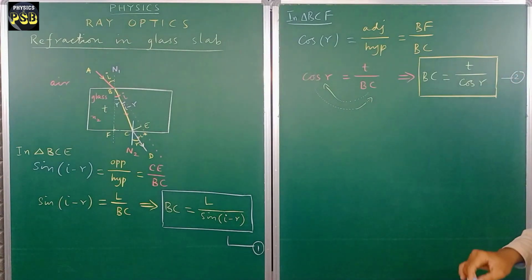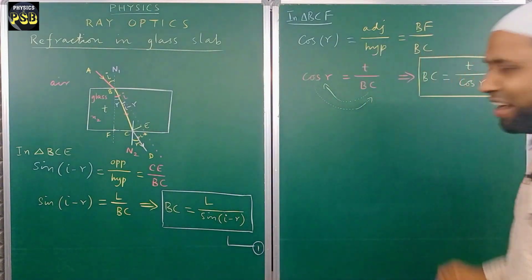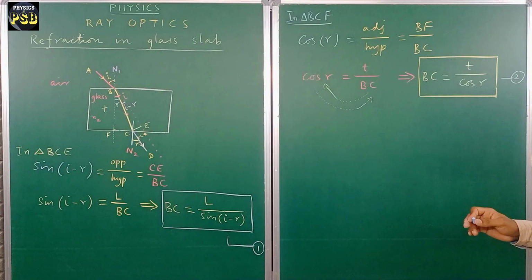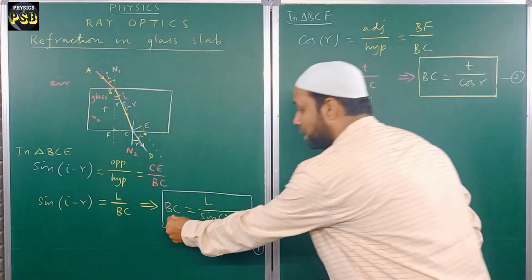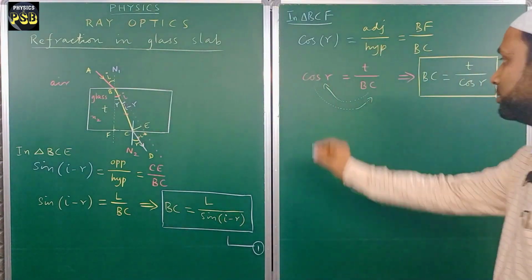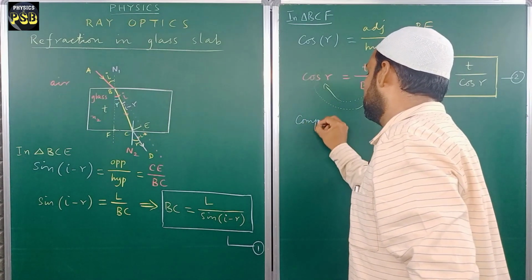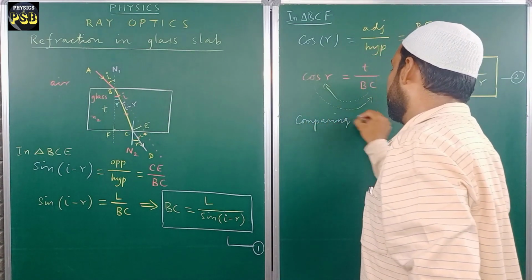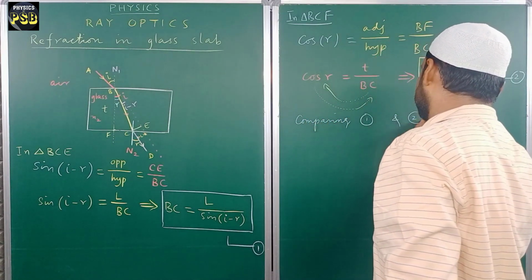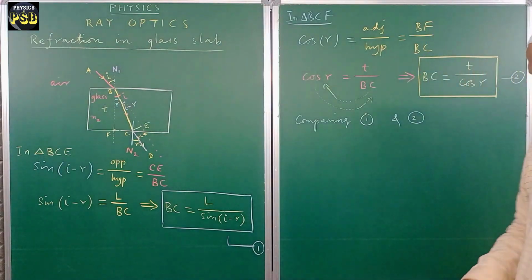Now if you compare equation number 1 and 2, you may find that both of them have got the same term on the left hand side. So comparing equation 1 and 2, what do you get?